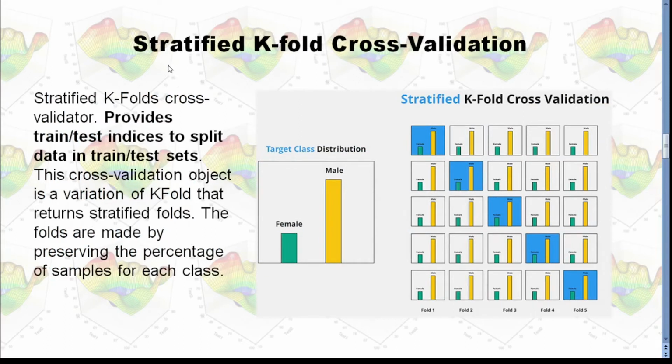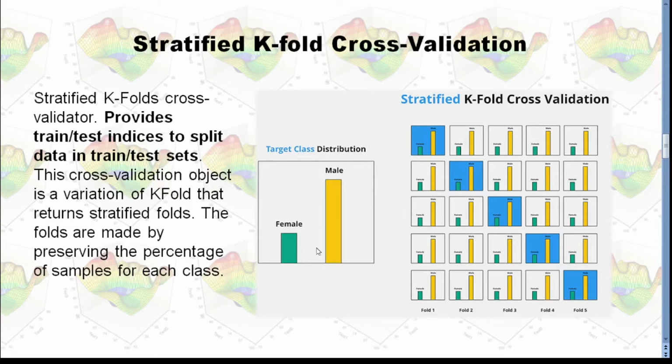Another method is called stratified k-fold cross-validation. This is very similar to k-fold cross-validation. The only difference is if you have a target class distribution.